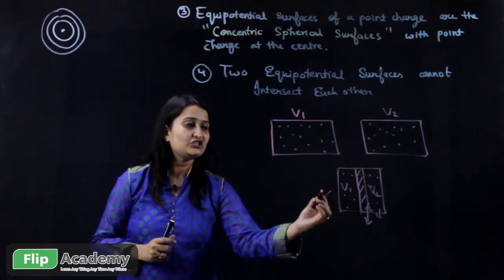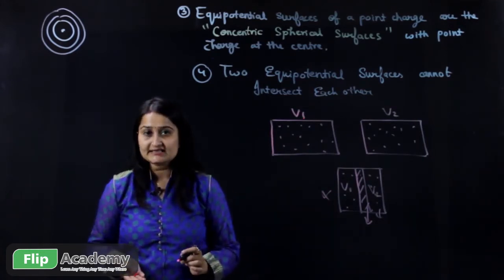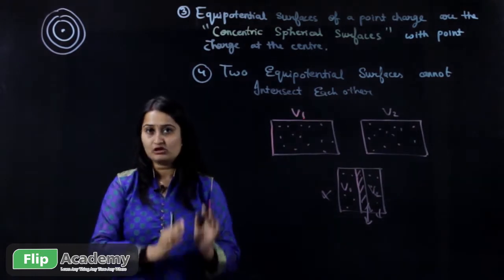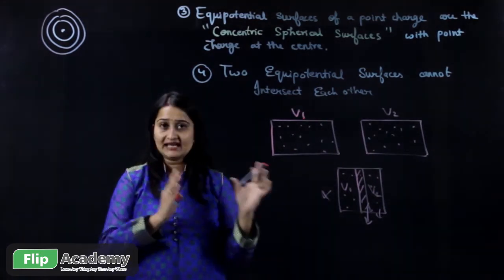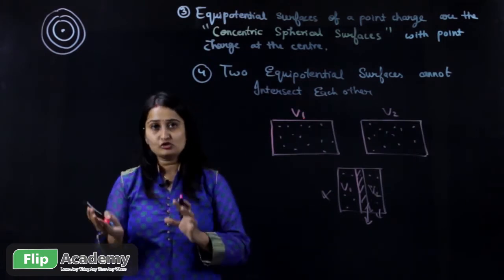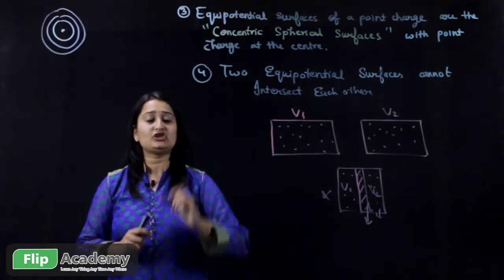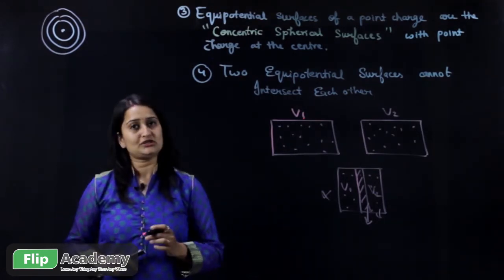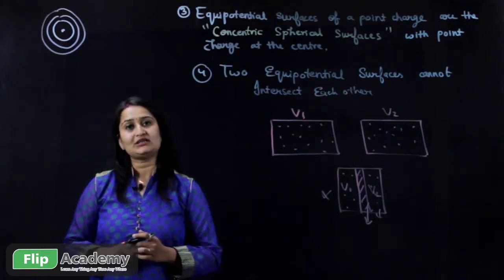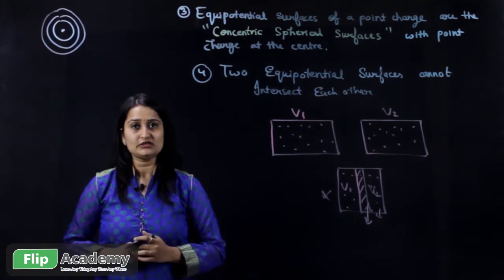So this condition does not hold for the equipotential surface, which states that the value of the electric potential should not change at any point. And here you are finding that the value of the electric potential is changing at every point. So it cannot hold, and hence no two equipotential surfaces can intersect each other. So this is all about the properties of the equipotential surface.